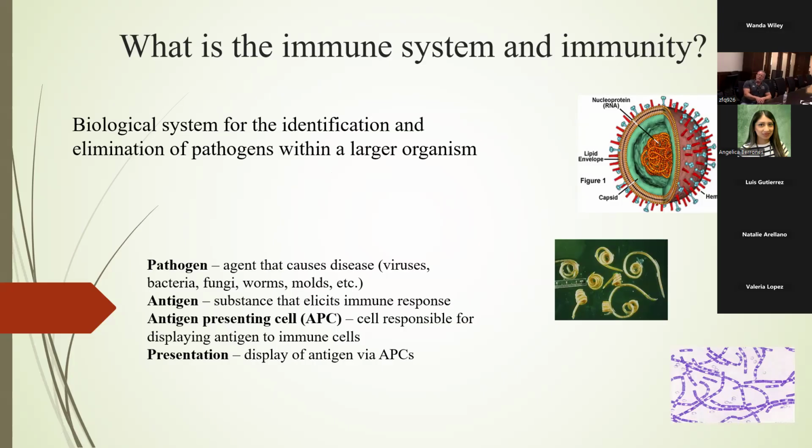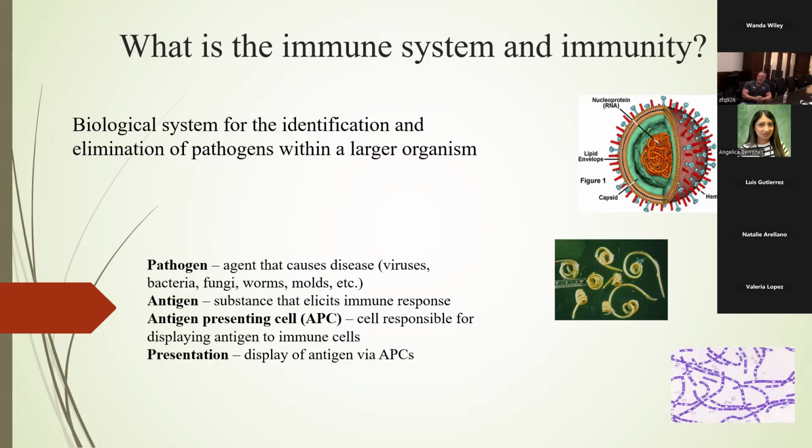Now, the immune system in a mosquito is going to be different than the immune system that you and I have. But many biological organisms, particularly many of the higher organisms on our planet, have an immune system, which is basically a system within the organism that allows you to identify and eliminate pathogens.